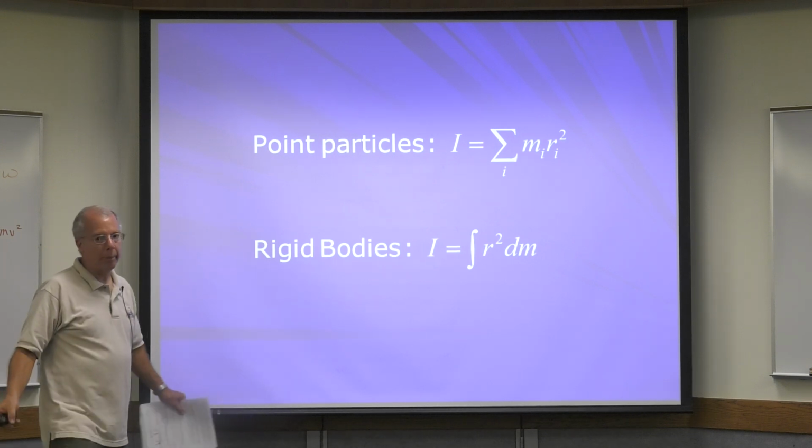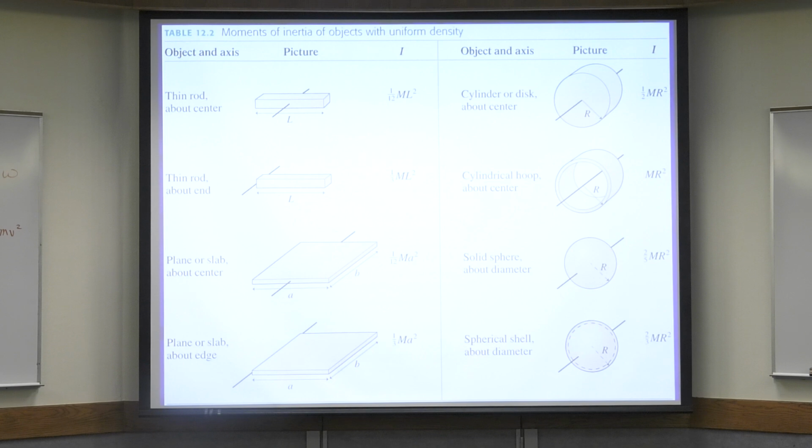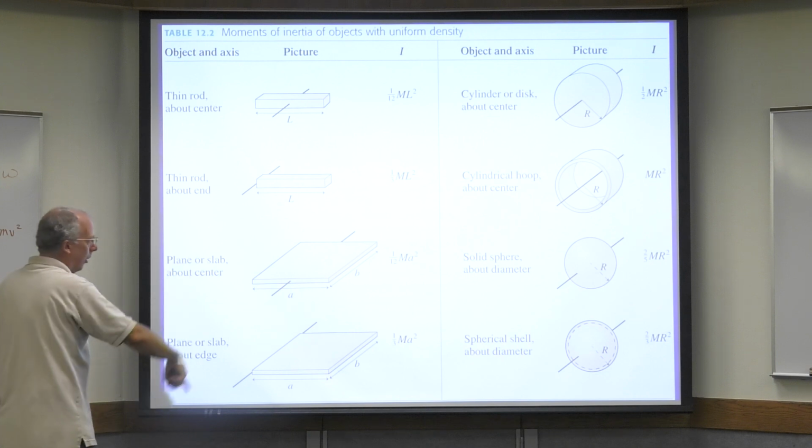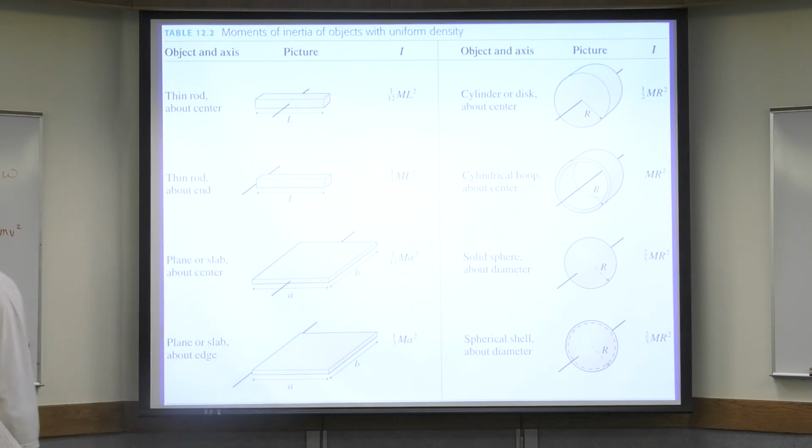We just have to look up the answer. So here you go. These are the rotational inertia, or moment of inertia, values of I for these different shapes and configurations.